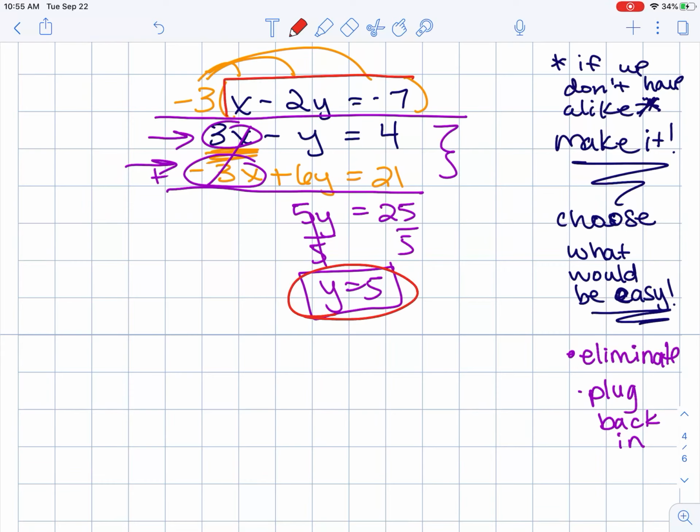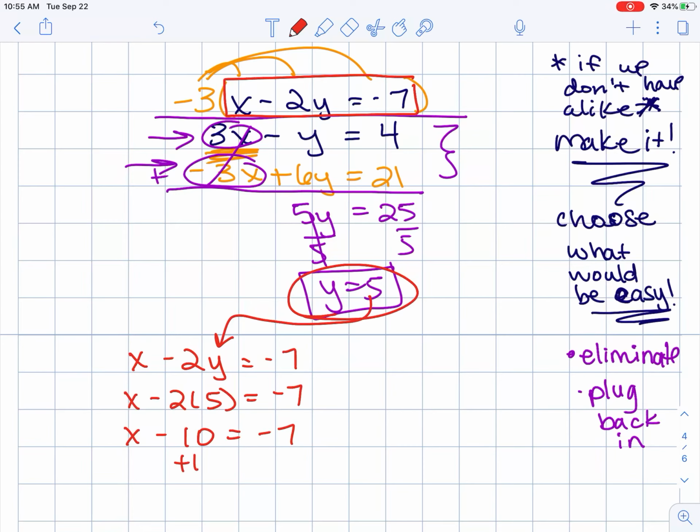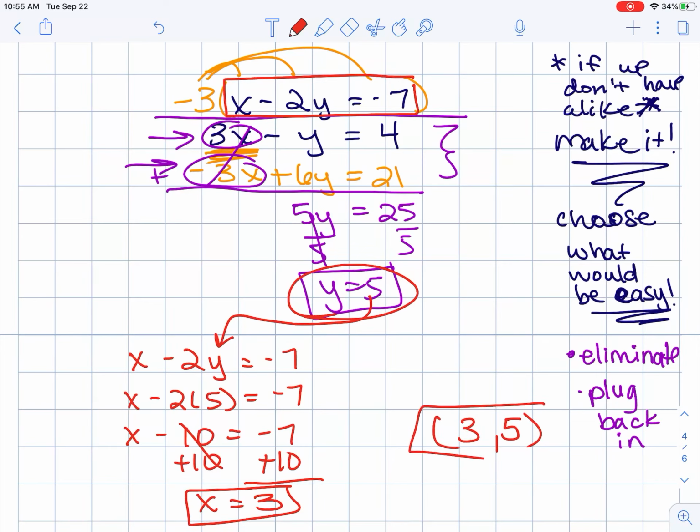I'm just going to use the original equation x minus 2y equals negative 7. Remember, y we found was 5. So x minus 2 times 5 equals negative 7. And now we can find x. So we've got x equals 3, and that solution is 3, 5 as an ordered pair.